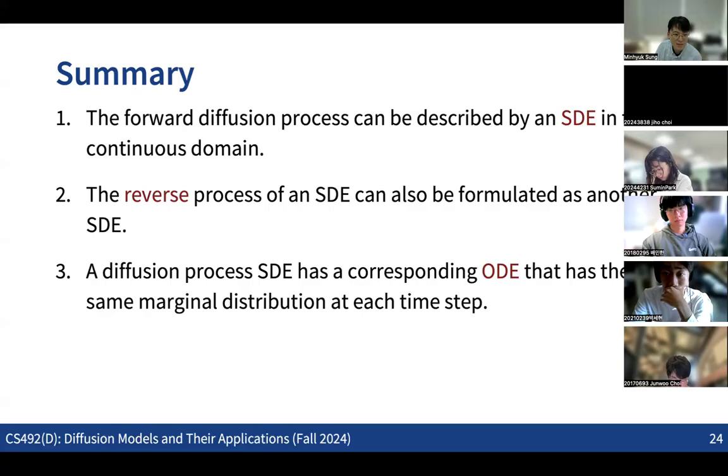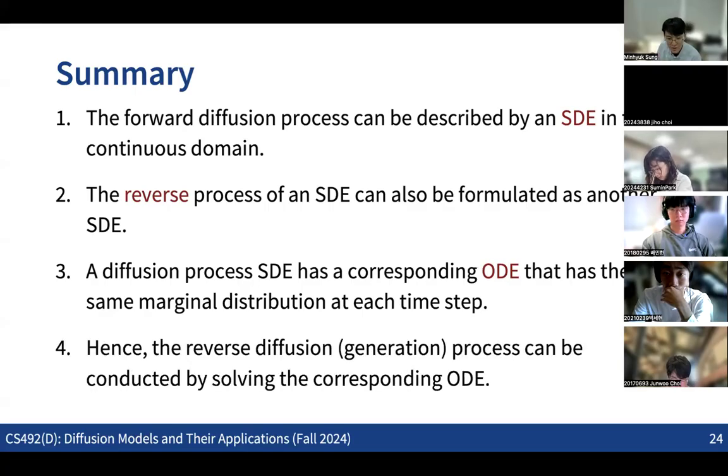So this means that instead of running the reverse denoising process with the formulation that we have seen in the discrete time steps, now we can consider solving the ODE in continuous time in terms of generating data points. So if we specify any x capital T with this boundary condition and solve the ODE, then we will be able to get the final output x0.